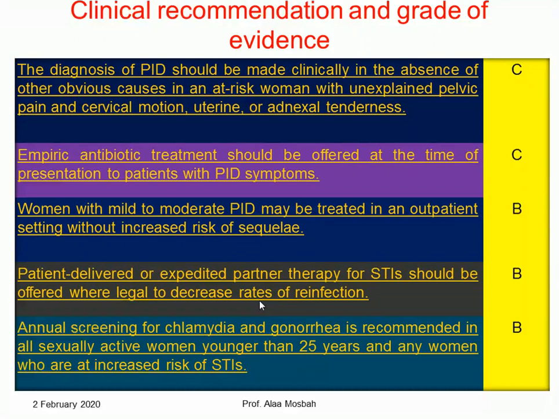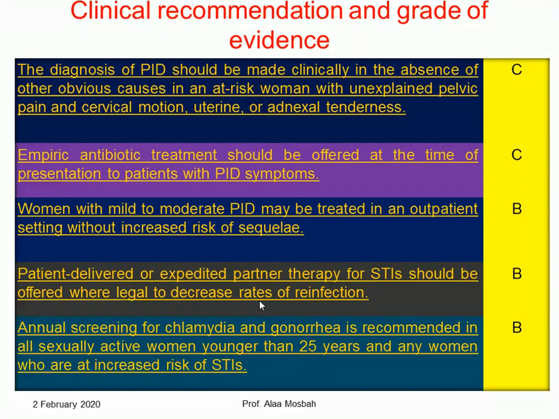Grade C evidence. Women with mild to moderate PID may be treated in an outpatient setting without increased risk of sequelae. Grade B evidence. Patient delivered or expedited partner therapy for sexually transmitted infections should be offered where legal to decrease rates of reinfection.